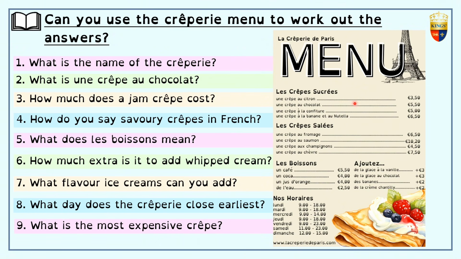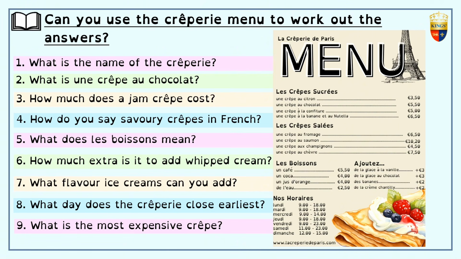You need to try and develop the skill of figuring out what things mean. Even if you've never seen that word before, you can use clues to try and work out what words mean in a language, okay? So I'm going to leave this with you now. If you pause the video here and try to work your way through, then once you're finished, you can press play and we'll talk through the answers together.